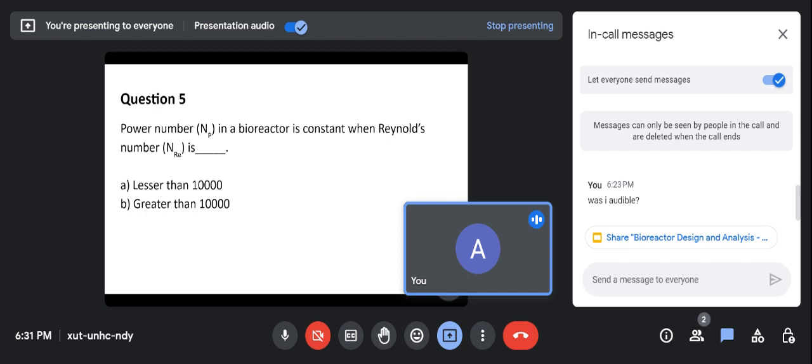Power number in a bioreactor is constant when Reynolds number is lesser than 10,000 or greater than 10,000. Just think about what power number and what Reynolds number in this case means, and a few basics of the theory that we studied.